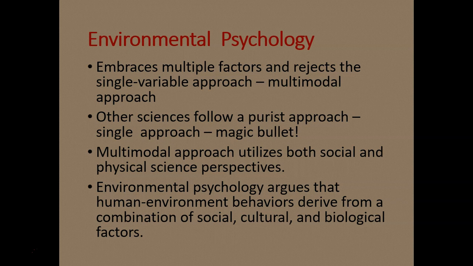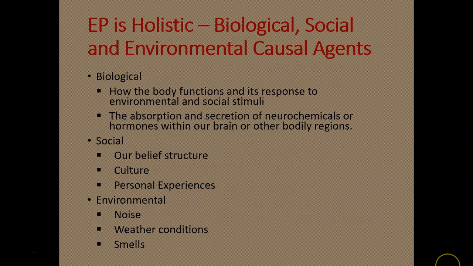Environmental psychology argues that human environment behaviors derive from a combination of social, cultural, and biological factors. So we've got to look at all three: social, cultural, biological. Environmental psychology is holistic. It includes the biology of the person, the makeup of the body, the social and environmental causal agents. So the biological is how the body functions and how it responds to the environment and social stimuli.